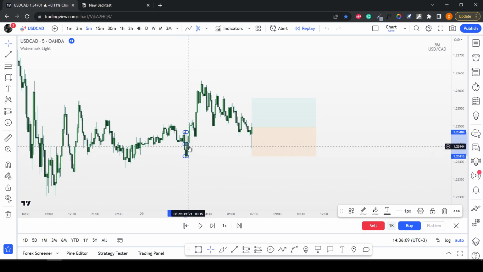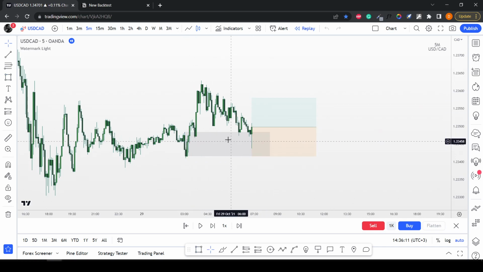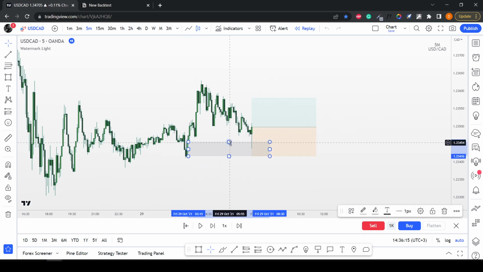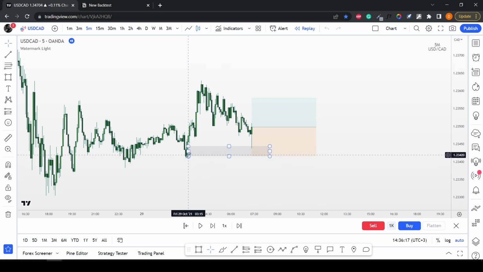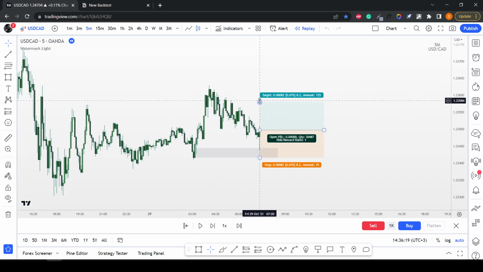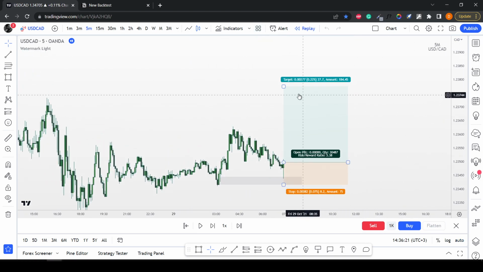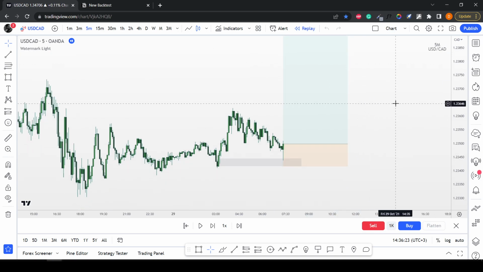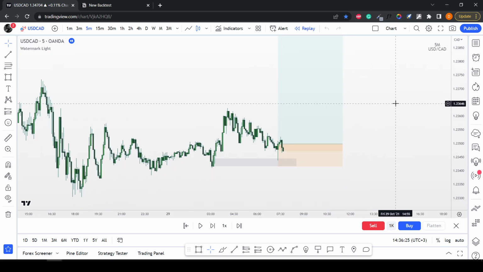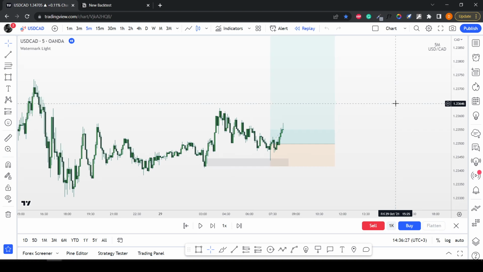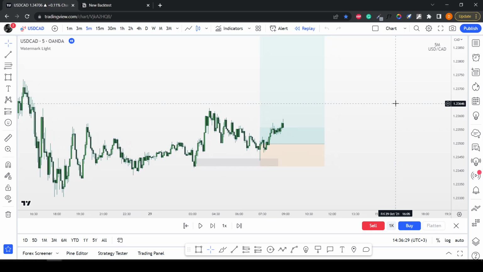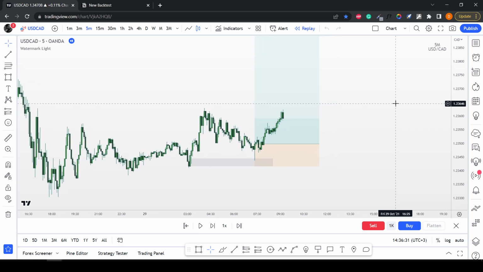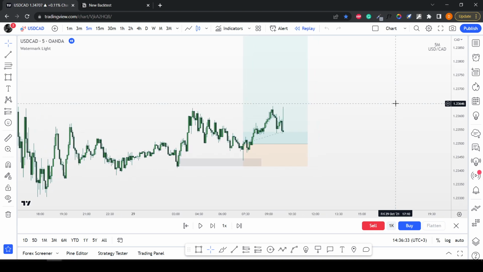Again, the problem with this entry is that it already mitigated part. Of course we can say that there was something inside of this wick, but yeah, let's see. I don't like this entry, to be honest. So this is a break even, basically.